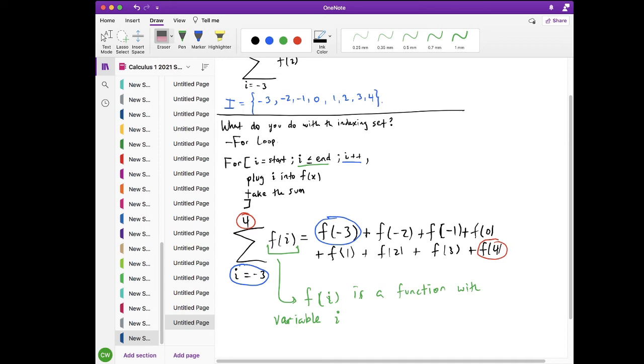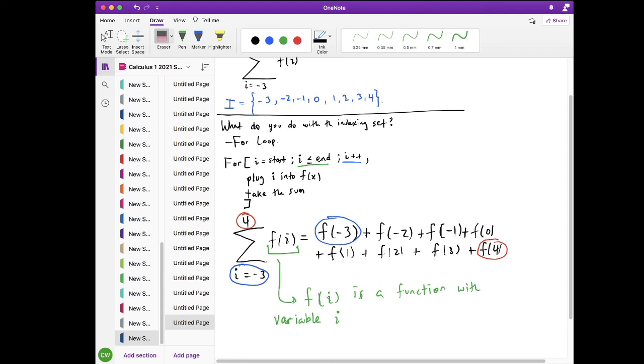Your starting and ending index could be something different, but unless otherwise specified, it's always going to be adding one. Usually they'll be integers. Usually you can adjust the index to always make it integers. Maybe you'll have to do something with the function in order to deal with that.